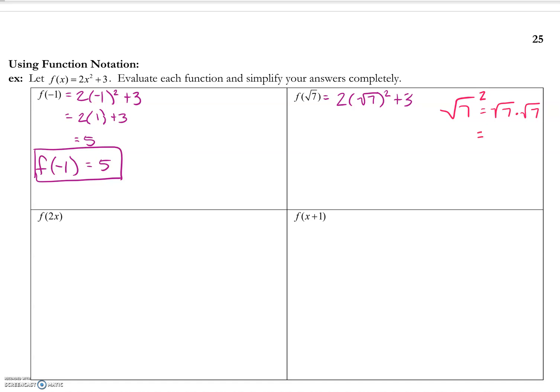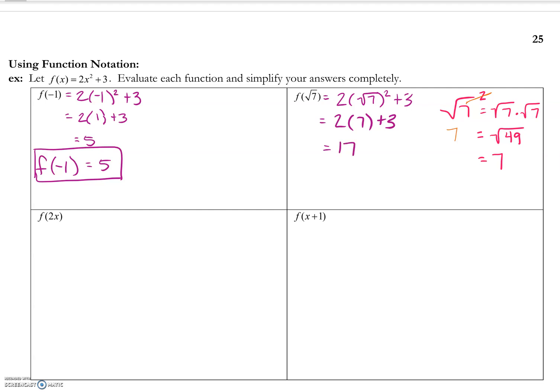When we multiply radicals, as a review from Algebra 1, we can just multiply the radicands since we both have square roots. 7 times 7 is 49, and I know the square root of 49 is 7. The other way we could have thought about that: square roots and squares are inverses of each other. It's an opposite operation, so they undo each other, leaving us with just the number 7. So when I square the square root of 7, I just get the number 7. So 2 times 7 plus 3 would be 14 plus 3, 17.